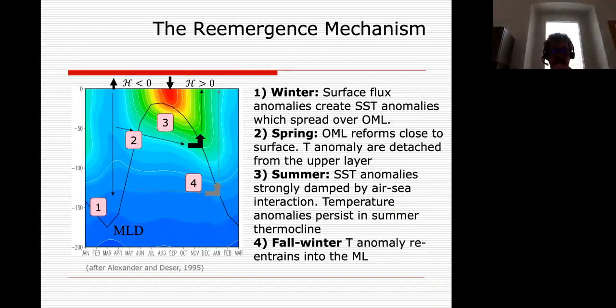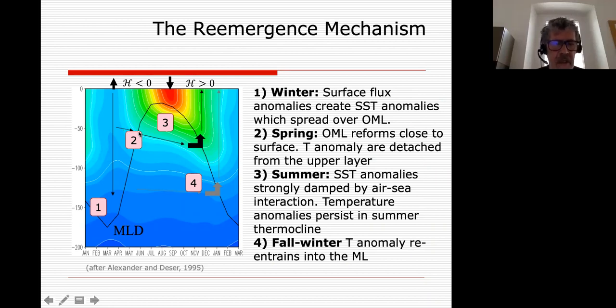Okay, let's go back to the seasonal cycle and how the water column behaves over 1 year.